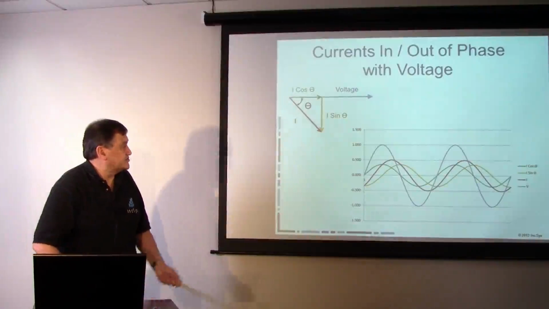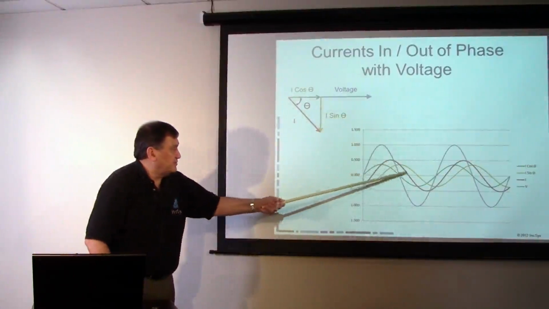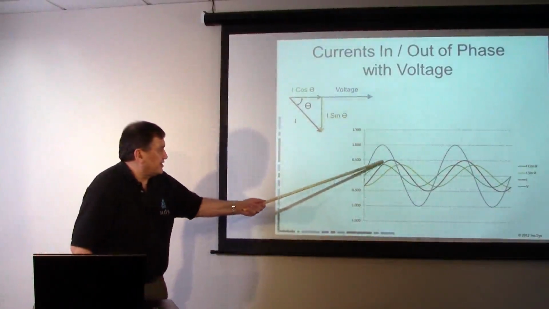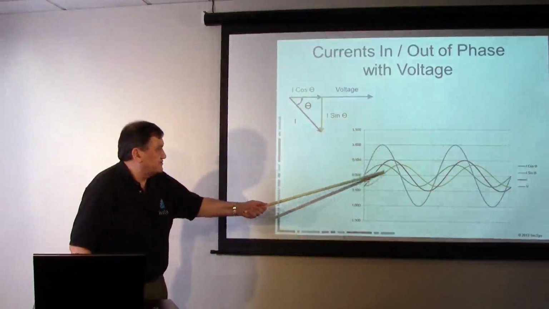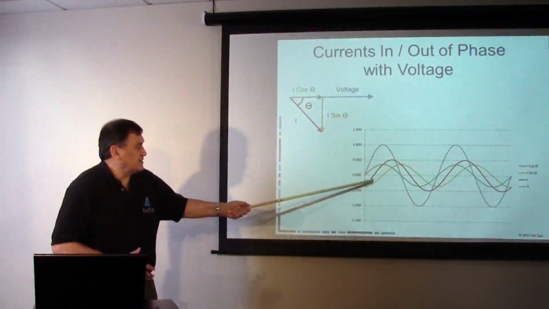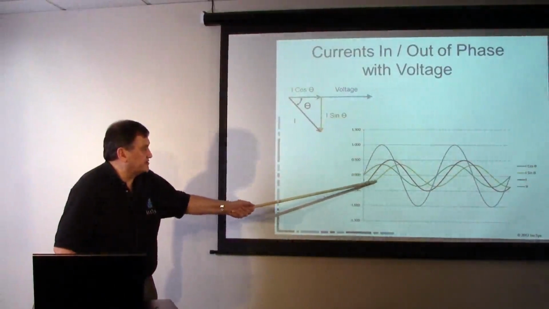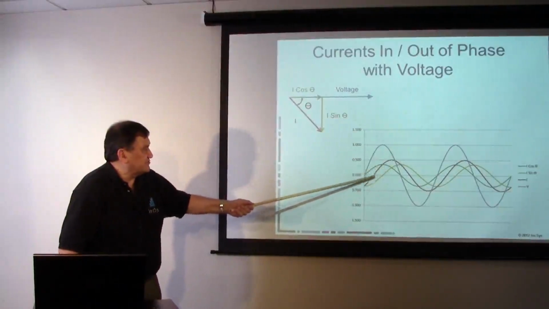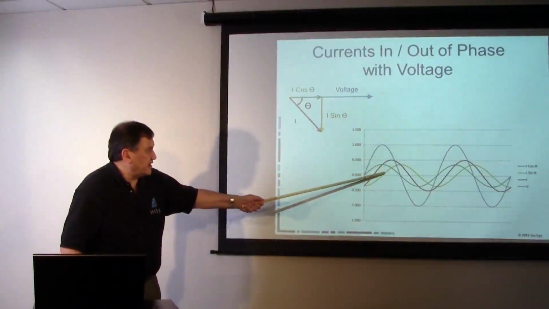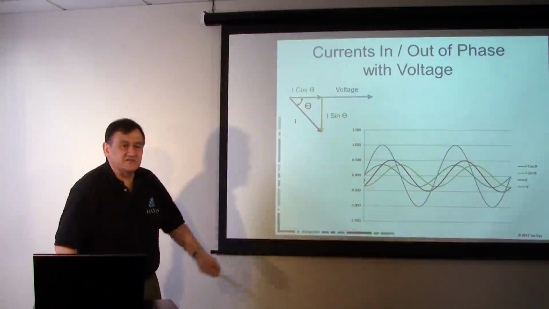So what we do is we take this red waveform and we break it down into the green one, which is right in phase with the voltage. This is the voltage, this is the current. And the other component is the orange one, which is 90 degrees out of phase. So basically, the orange plus the green will sum up to give you the red.